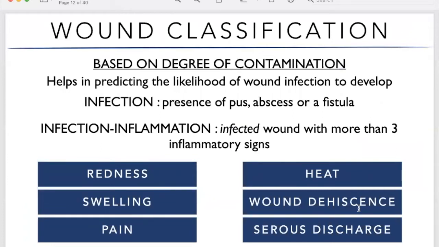Right? This is usually based on the degree of contamination. Right? Since ang wounds naman, hindi naman lahat yan surgical wounds, diba? As we have discussed. And the degree of contamination would have a very big effect on the risk or the likelihood of developing wound infections, right?